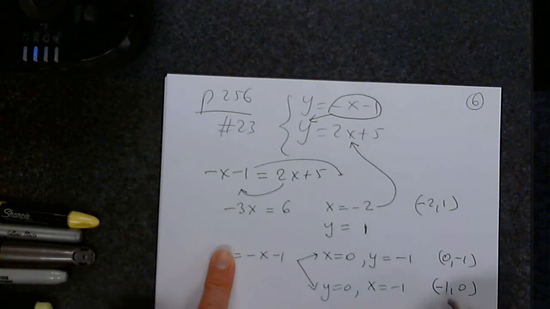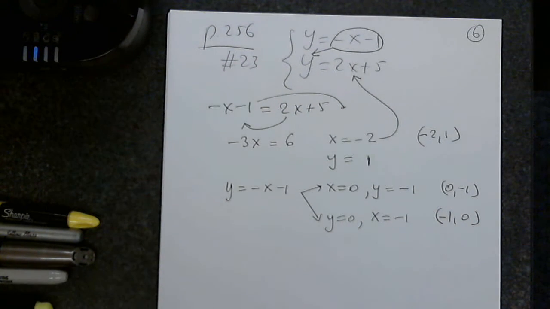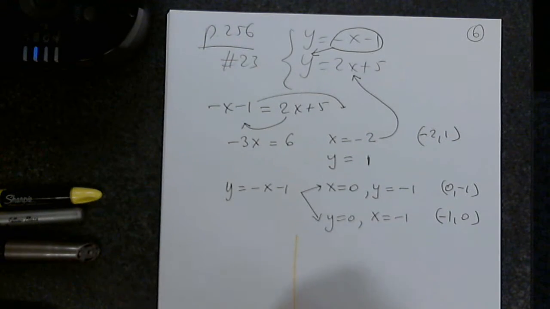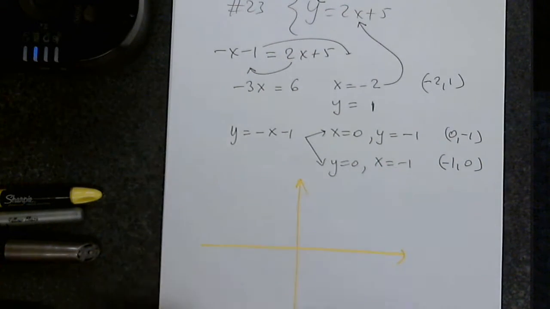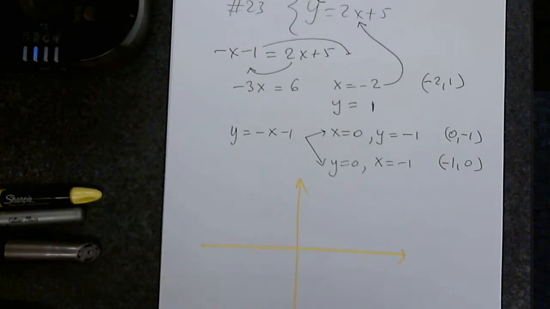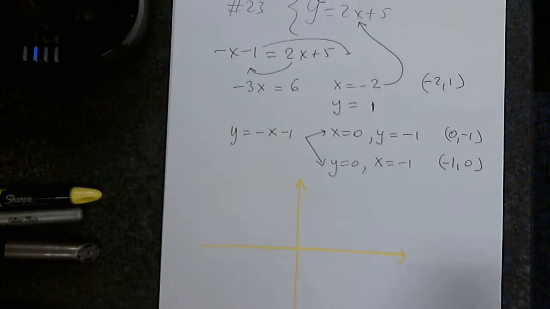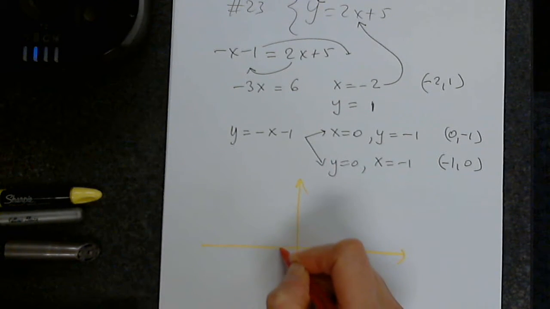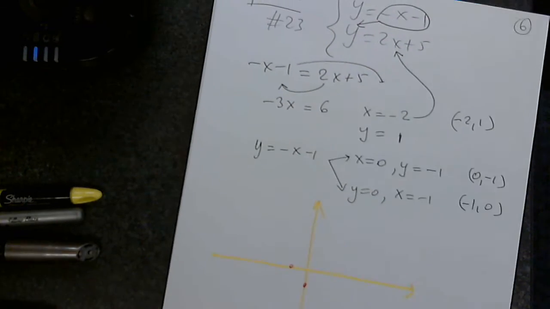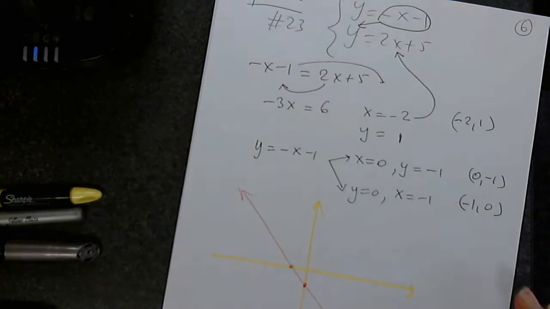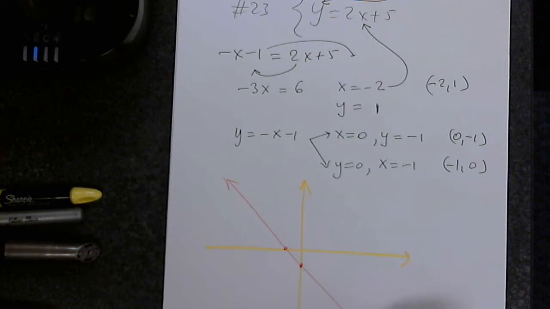So negative 1, 0. Now I have the graph of the first equation. All my colors are gone. So 0 comma negative 1 and negative 1 comma 0. So this is the first line, and this is y equals negative x minus 1.